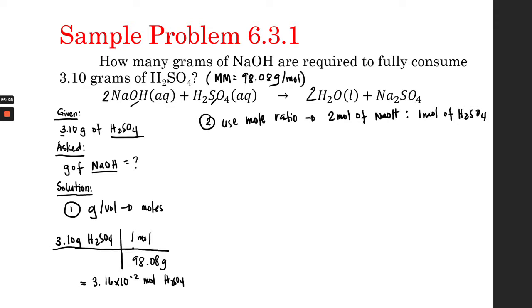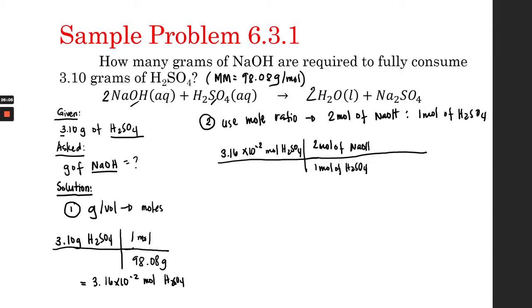So what we can do is start with the moles of H2SO4 that we found, which is 3.16 times 10 raised to negative 2 moles of H2SO4, and then we have to multiply it by 1 mole of H2SO4 is equal to about 2 moles of NaOH.